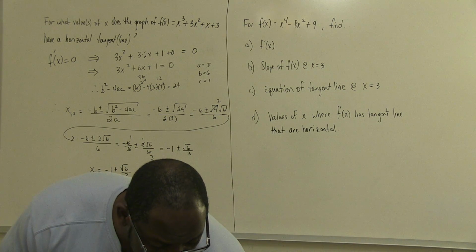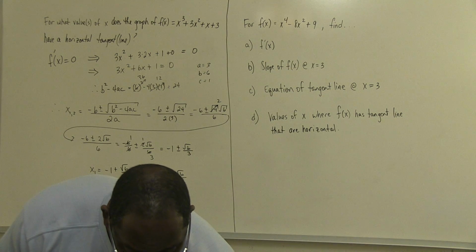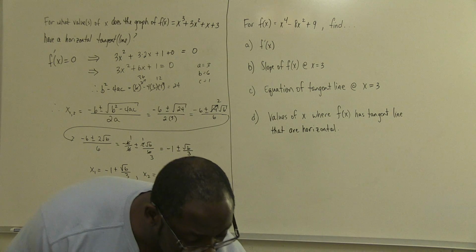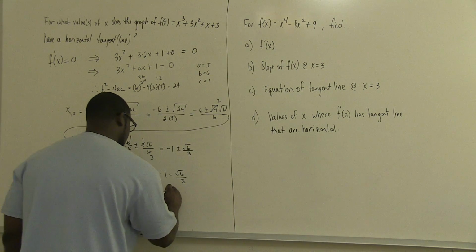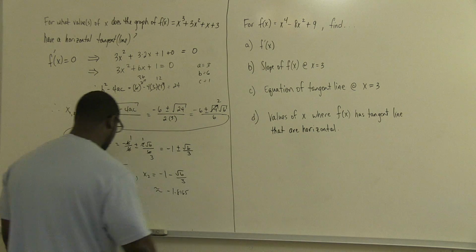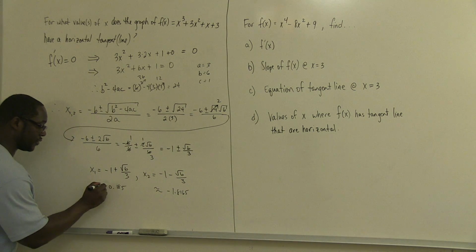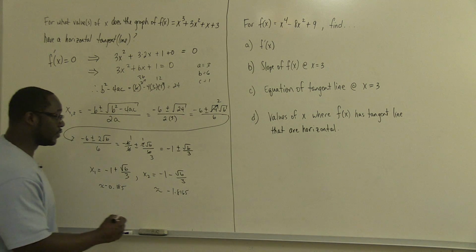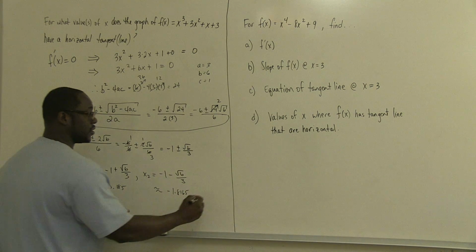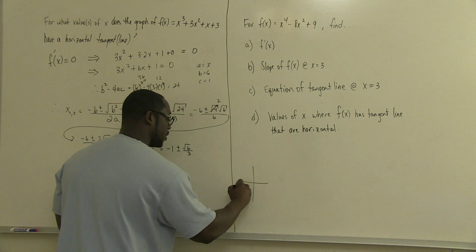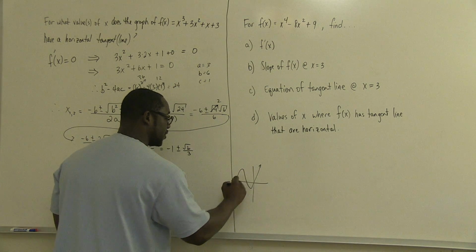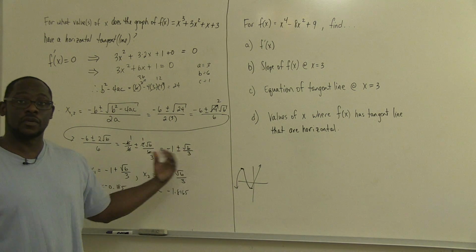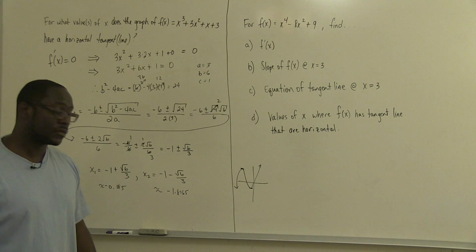I think it might be something like negative 1.8. And of course, this is negative as well. So if we were drawing the graph of this, just like how we had it before, it probably looks something to this effect, where the places where we have the peak and dip are both on the negative side of the x-axis.